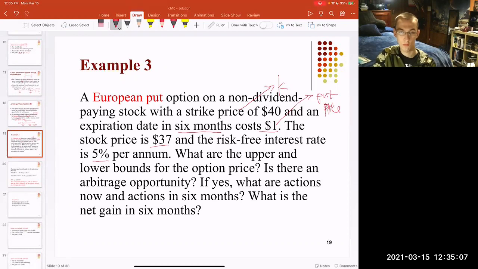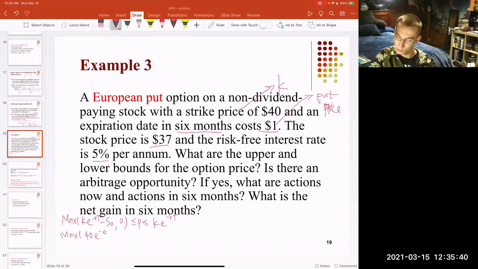Okay, similar to example 2. Let's do the lower bound and upper bound first. The lower bound is the maximum value between K discounted minus the stock price, compared to 0. And the upper bound is K discounted, right? With continuous discounting. So that's the formula, and then we just plug the numbers into the formula. K is 40.